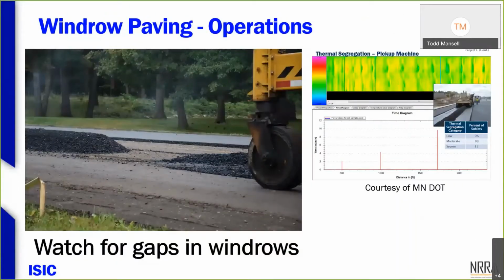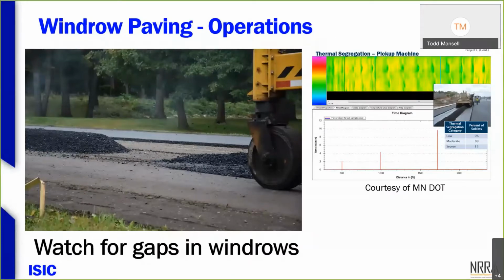Just a quick note on windrow paving, because again, nice image on the right there, courtesy of MnDOT, from a job where there was a pickup machine. But the big thing here, and again, it'll show up on thermal, when it comes to windrow paving, is trying to make sure that operationally we back up over the windrows and keep a continuous windrow going.